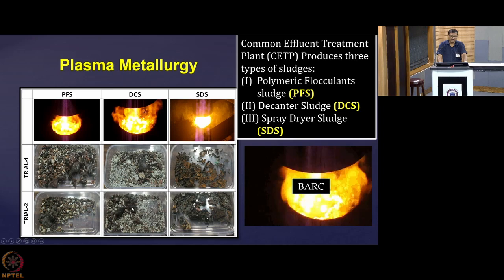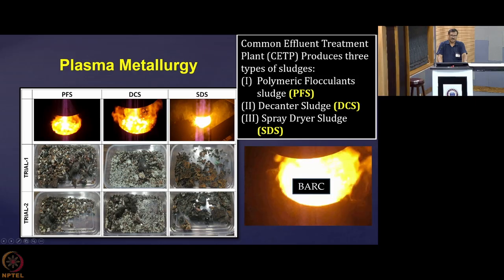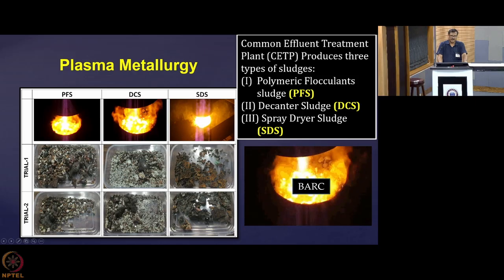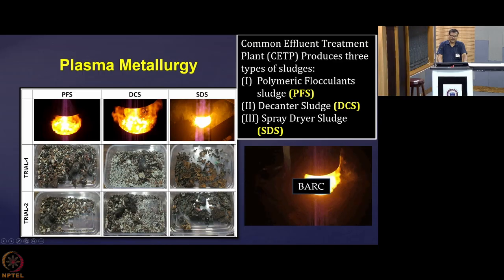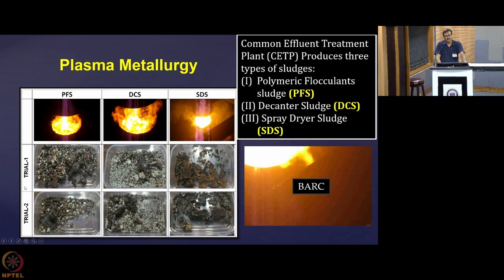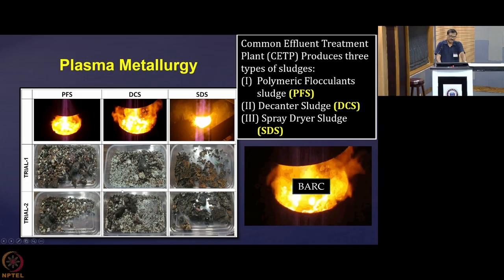These are usually the heavy metallic part and these are some inorganic parts, and you see that they are getting separated so easily. So post processing becomes very easy. Not only that, you are able to extract valuables from this sludge which was otherwise hazardous to human beings.